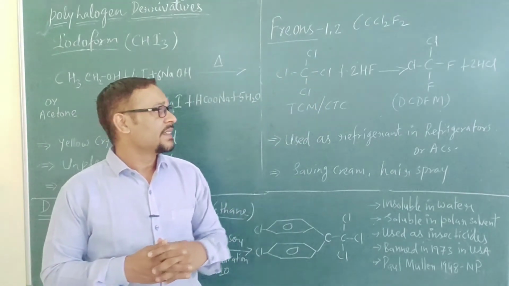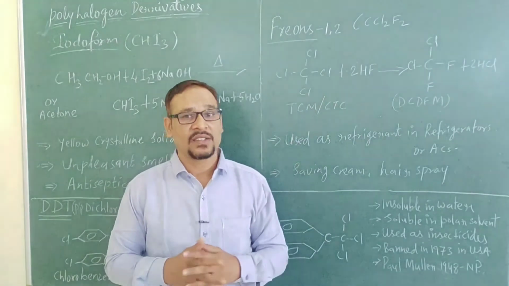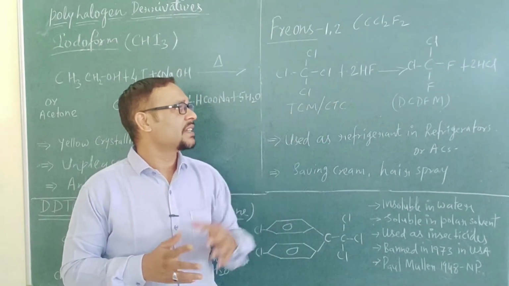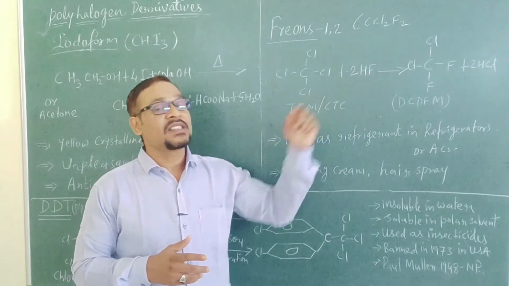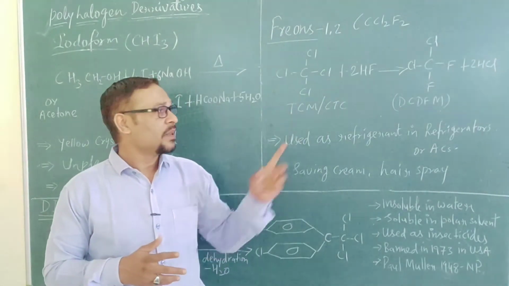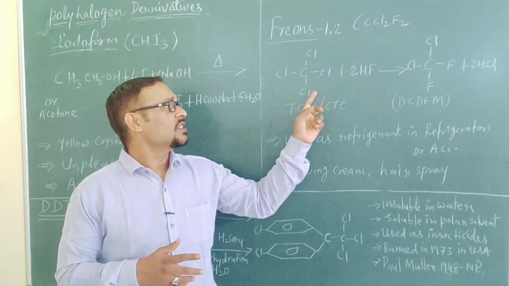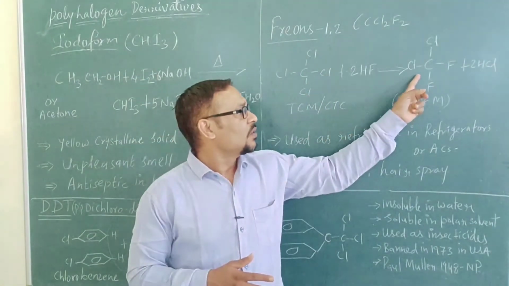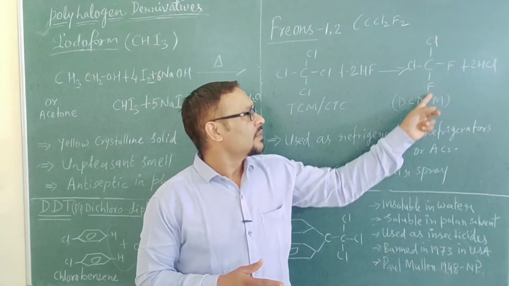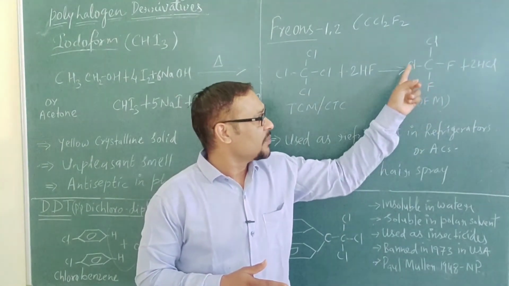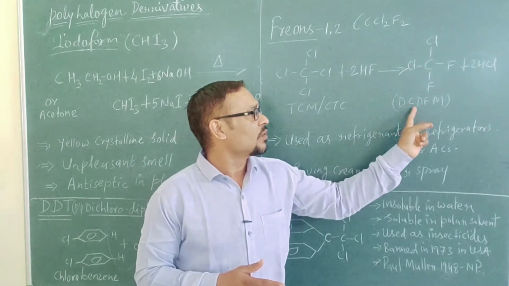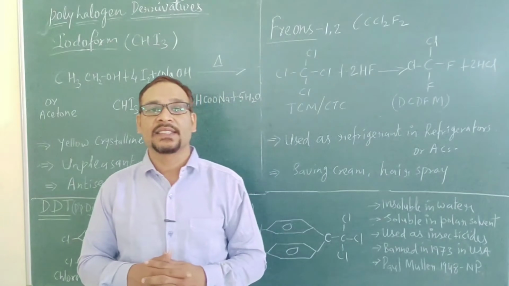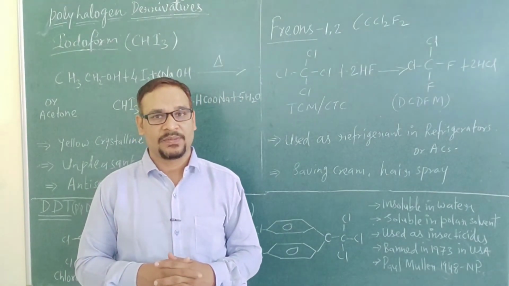When 2 molecules of hydrofluoric acid react with carbon tetrachloride, the fluorine, since it is more electronegative, replaces chlorine from 2 positions and adds over there, forming difluoromethane. The name of this compound is difluoromethane, and we also get hydrochloric acid as a byproduct.